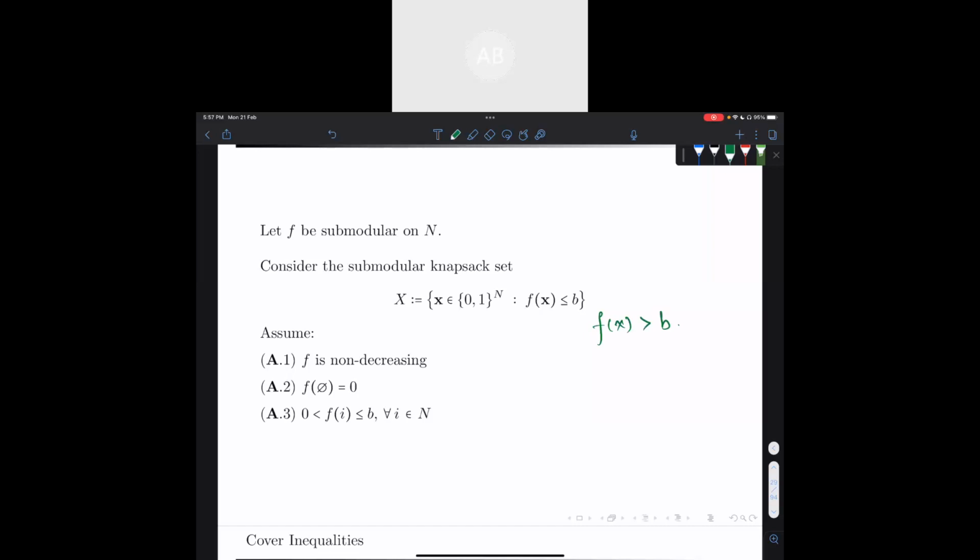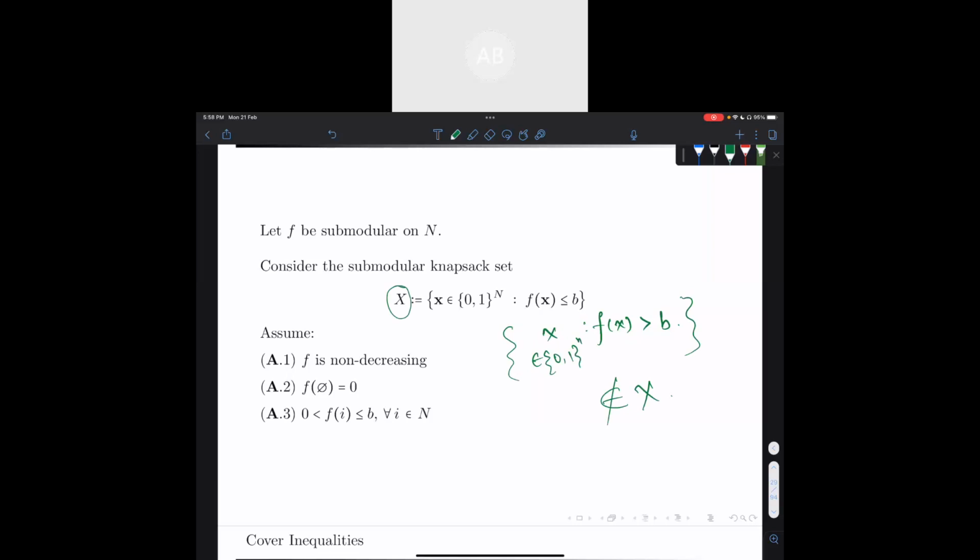It will not be a feasible solution. Any x in {0, 1}^n such that f of x was greater than b will not be in X, capital X.